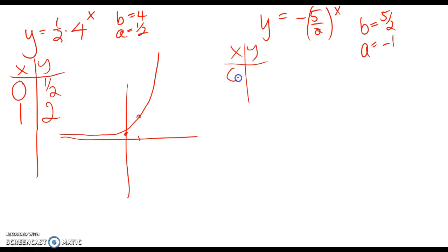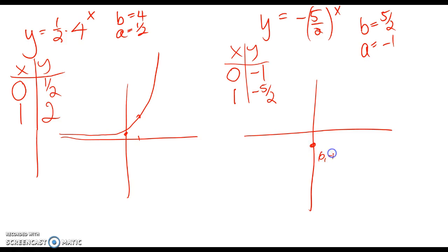At 0, 5 over 2 to the 0 is 1. That would be negative 1. At 1, 5 over 2 to the first, and then negative. So this thing is going to be growing negatively, so it looks like this. Here's my 0, negative 1. Here's my 1, negative 5/2.